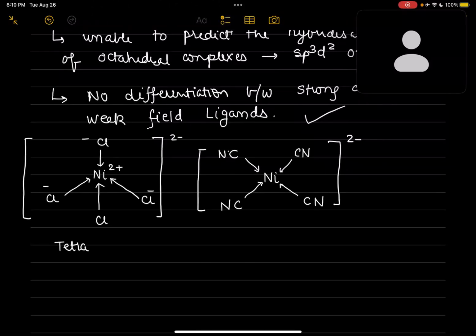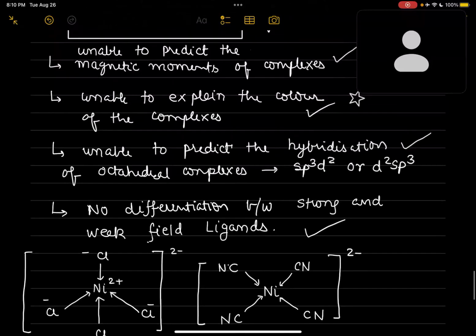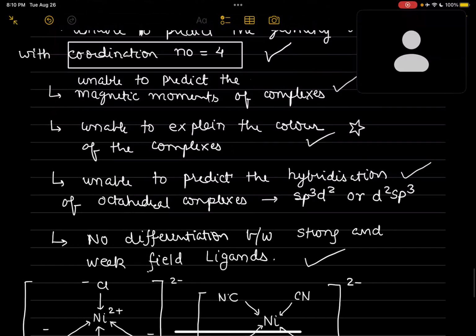Lone pairs. Yeah, lone pair could be one of the options. It is because CN is a stronger ligand compared to chloride. Yes, exactly. So the main thing is that the ligands are strong and weak.